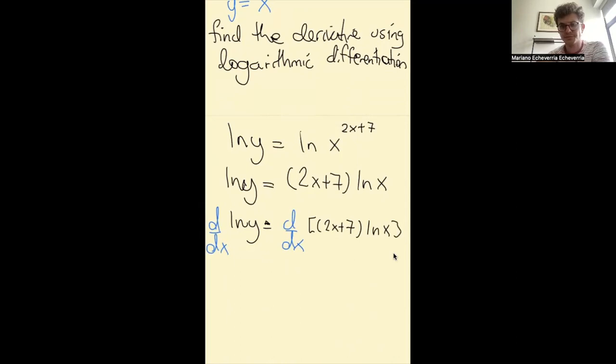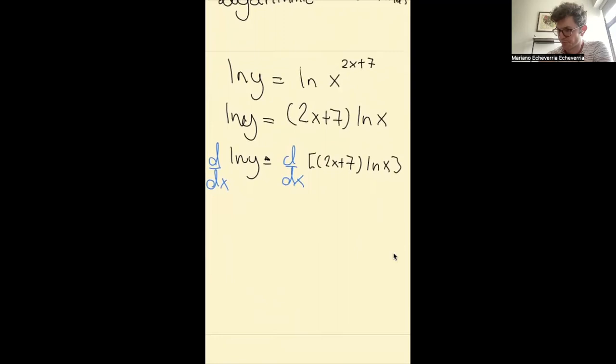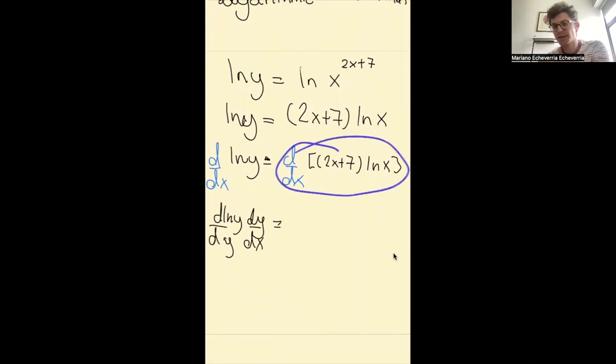Is that making sense? Sorry, the ln of y. That's what happens to the left-hand side, right? You apply the chain rule one more time. And how do you find the derivative in this case?